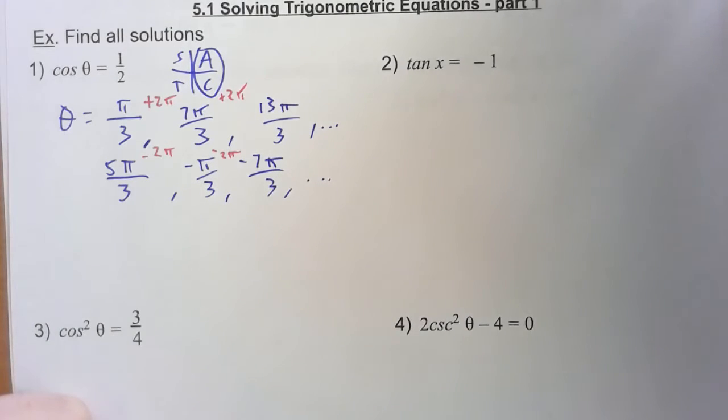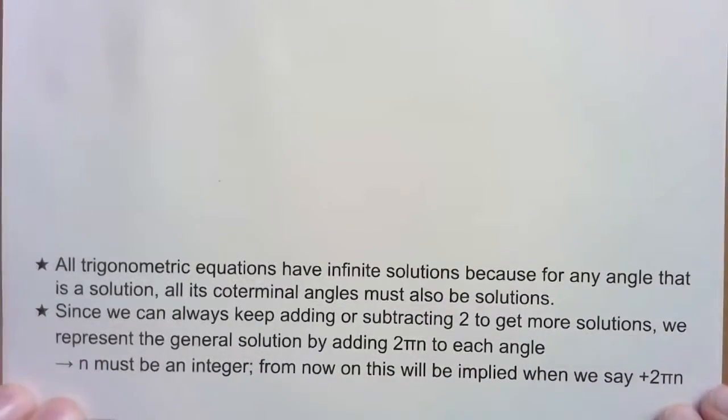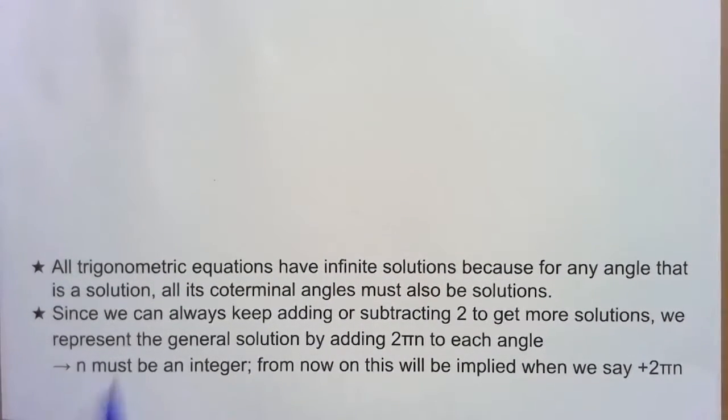Okay. Well, here's how we represent that. I've got this note at the bottom of my notes here. So again, all trig equations are going to have infinite solutions, unless there's no solution, because any angle you can find its coterminal angles, an infinite number of coterminal angles. And so what we do is we say, well, the way we get those coterminal angles is we keep adding 2 pi.